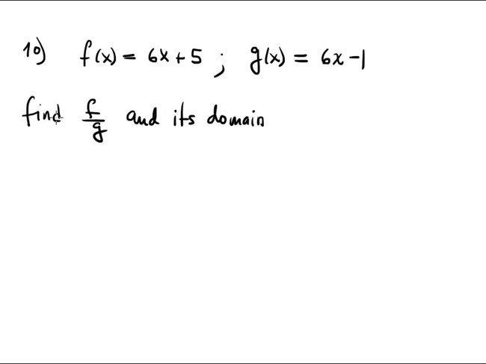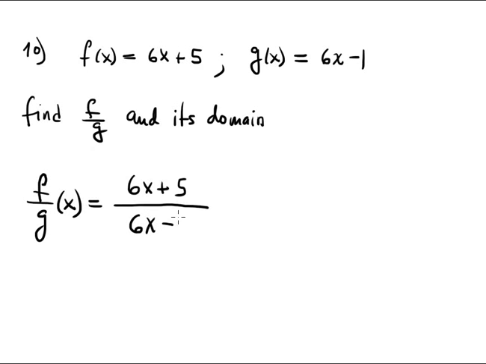Okay, question 10 is very easy. We have two functions f and g, and you need to find the division. So the division f over g of x is f in the numerator and g in the denominator. This is the expression. Now, in order to find its domain, we take the expression in the denominator, and it must be different to 0.